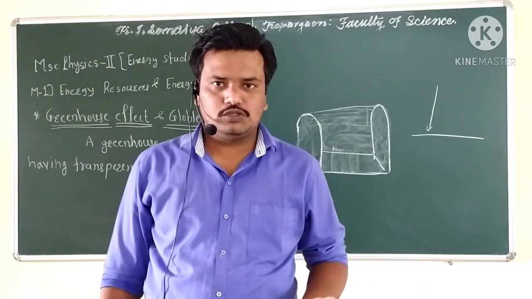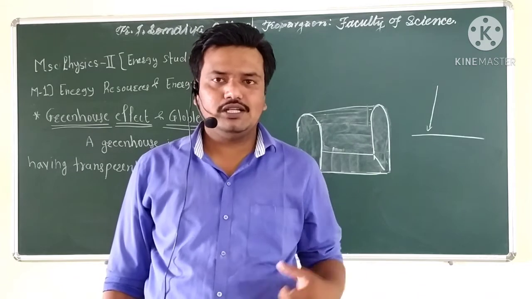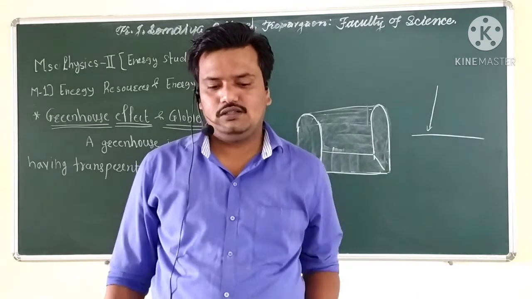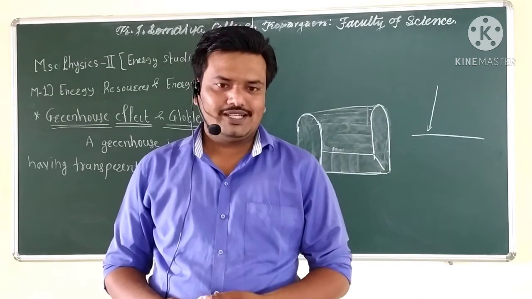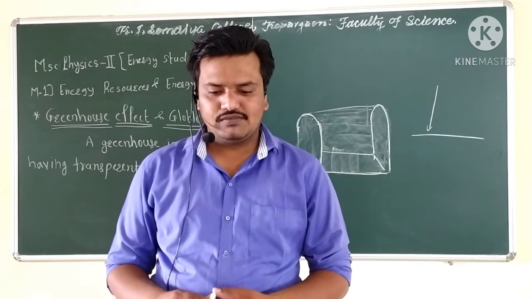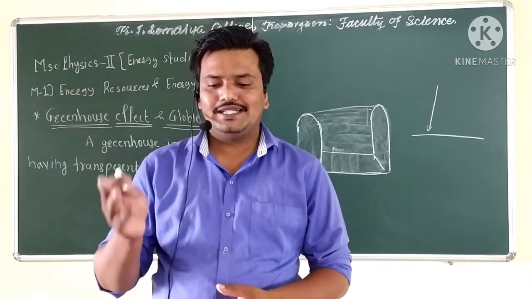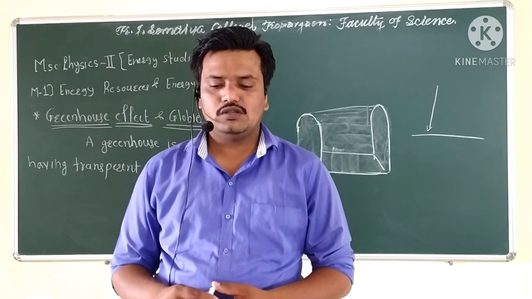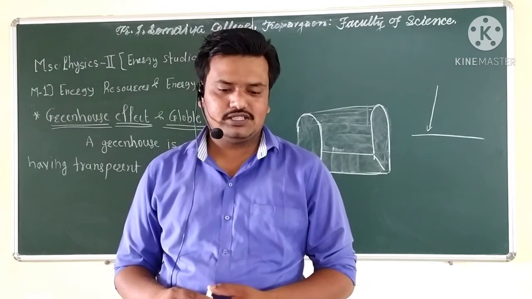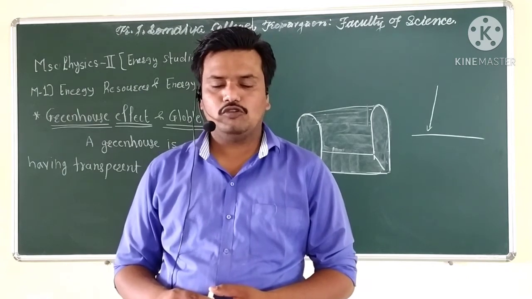After that absorption, some radiation is emitted or reflected back into the atmosphere. But in the greenhouse effect, the structure is transparent to incoming solar radiation and allows the entry of sunlight.